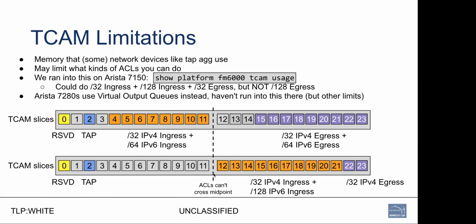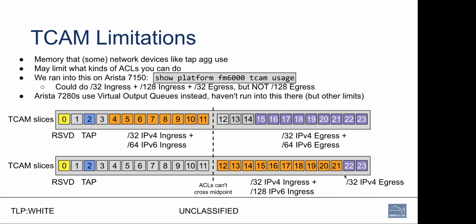And so we could only fit it on the second half, but at the same time, we couldn't have our ingress ACLs and our egress ACLs occupying the same space in the TCAM. So basically we could do /32 ACLs for IPv4 ingress and egress, and we could do a /128 of IPv6 ingress, but we couldn't do egress.